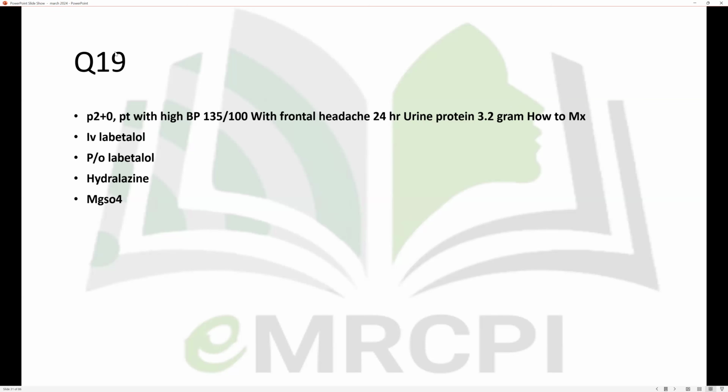So now I need to manage this case. If I want to start management of a case of preeclampsia, right? Shall I start with antihypertensive first or magnesium sulfate first?